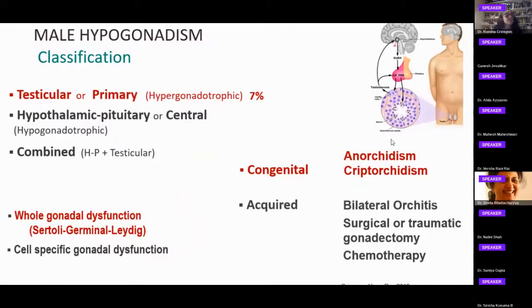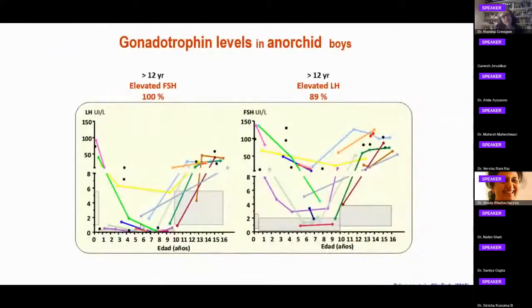Most testicular or primary hypogonadism involves the whole gonadal cell population. It can be congenital. Examples are anorchidism or cryptorchidism, or it can be acquired, for example, bilateral orchitis, surgical or traumatic gonadectomy, chemotherapy, etc. In children with anorchia, gonadotropins vary through life.